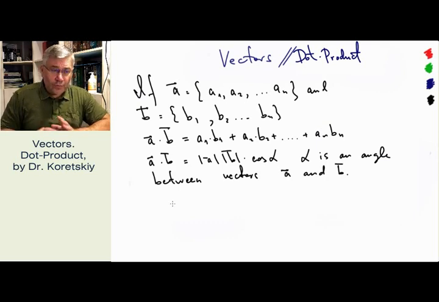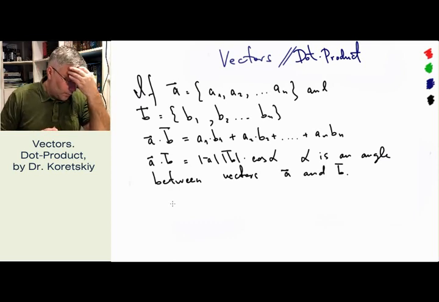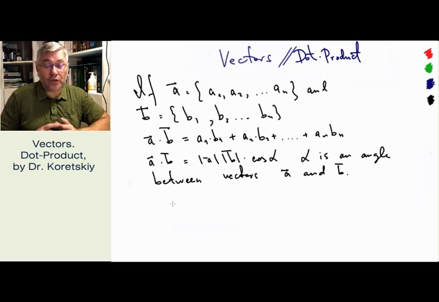By the way, if you find the cosine alpha, the trigonometric function of the angle, if you remember from your school course, it's the same as finding the angle, because you can calculate this angle alpha very easily if you know the cosine of the angle. Or you can use some special tables, or you can use your calculator.